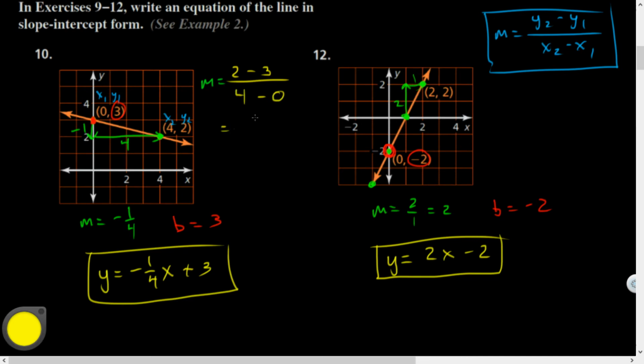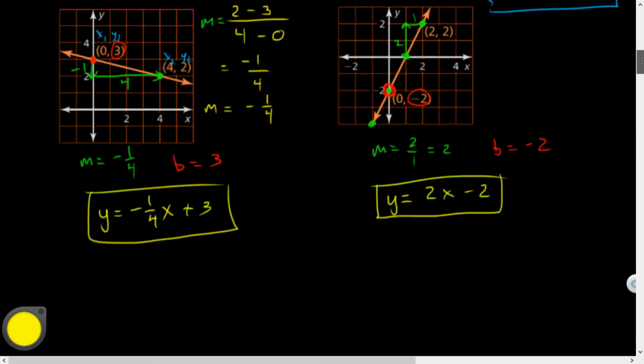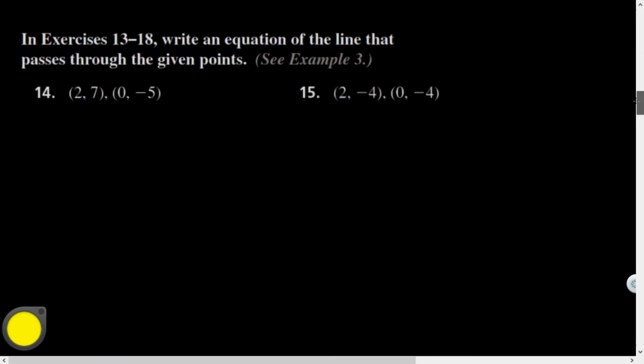Let's simplify this. 2 minus 3 is -1. 4 minus 0 is 4. And I do, in fact, get a slope of -1/4 for m. All right, so the slope formula also works if you happen to have the coordinates of the points. That works just dandy.